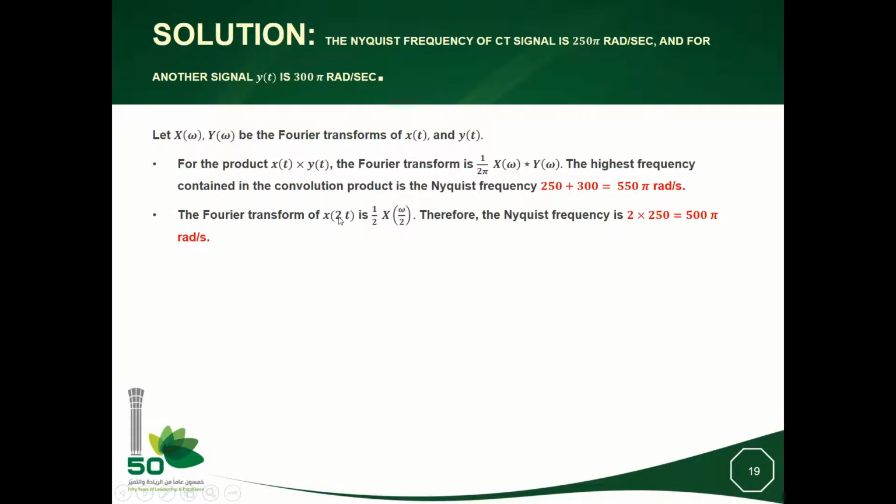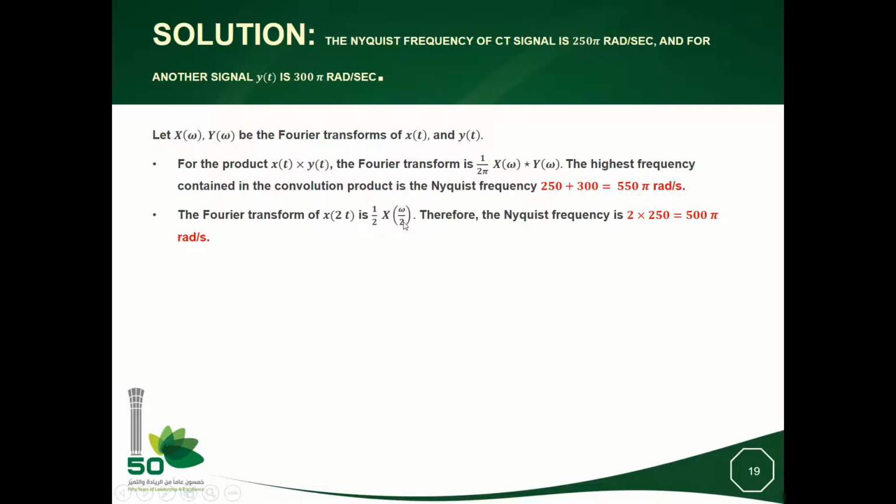When we have a coefficient in time, x(at), where a is greater than 1, we will have in the frequency domain a factor of 1/a, which gives 1/2. This factor 1/2 will not affect the frequency of this spectrum. So we will have here X(ω/2).